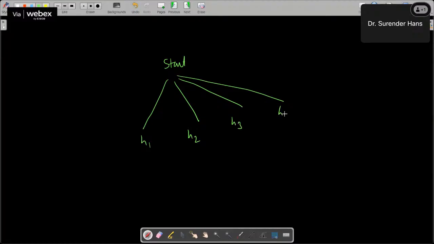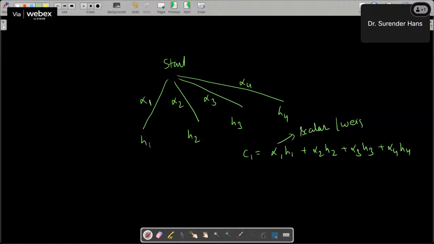Let's say this one is the start, this one is H1, this one is H2, this one is H3, and this one is H4, and here are alpha 1, alpha 2, alpha 3, and alpha 4. So C1 should be equal to alpha 1 H1 plus alpha 2 H2 plus alpha 3 H3 plus alpha 4 H4. And these alphas are scalars.